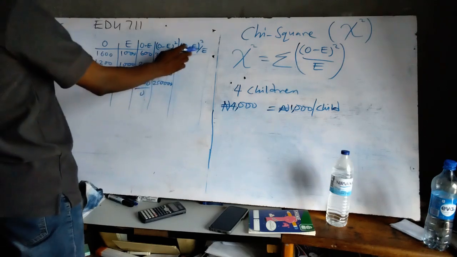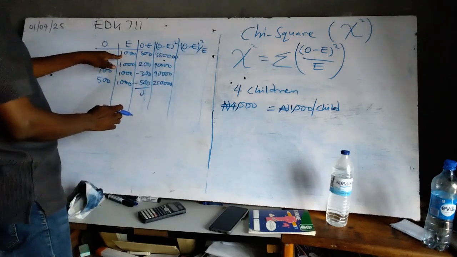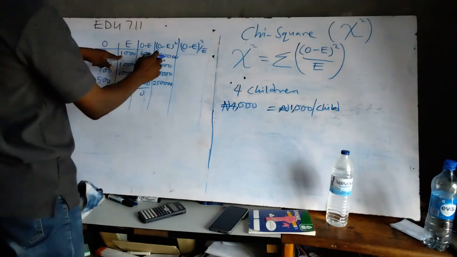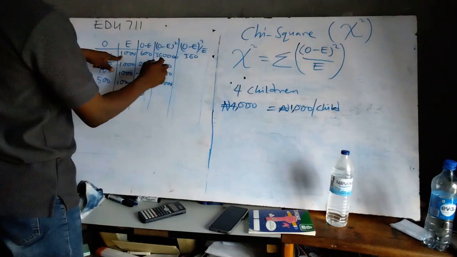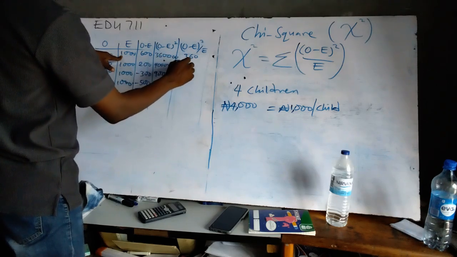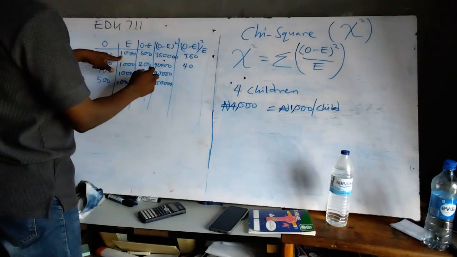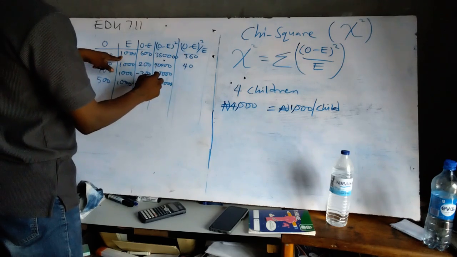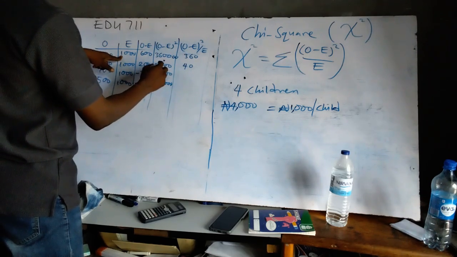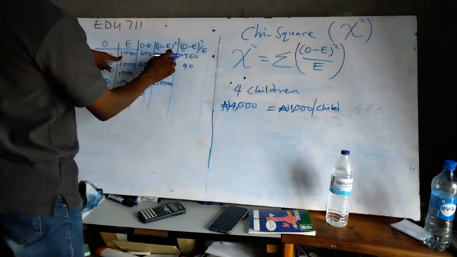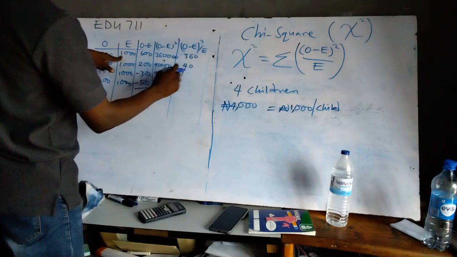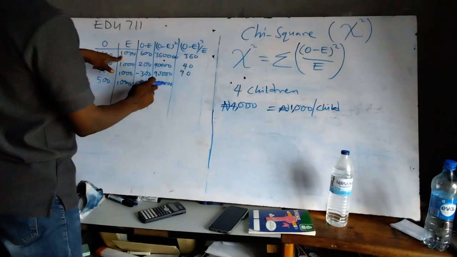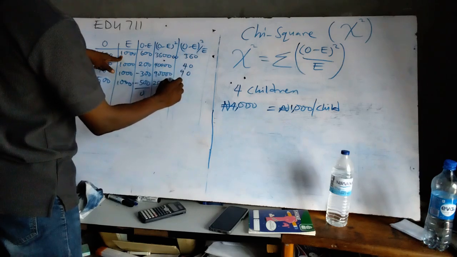So then you divide this by 1000. So this will give us 360. This will give us 40. This is 90, and this is 250.